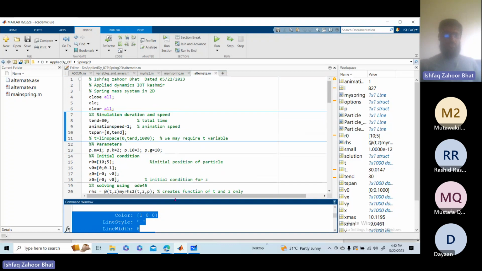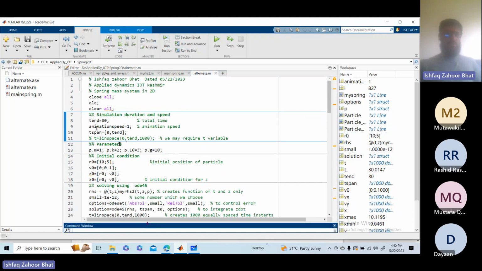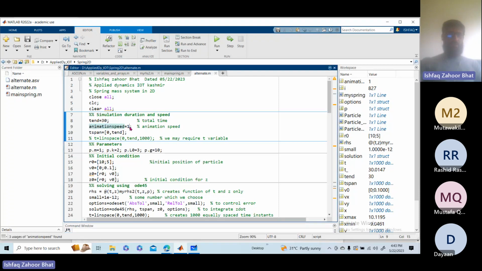So first we start with, I hope that you have seen the previous video at least 2-3 times to get some intuition and understanding of this algorithm. So we use t, and this is the time for which we want to animate our problem, and then we use animation speed equal to 1.